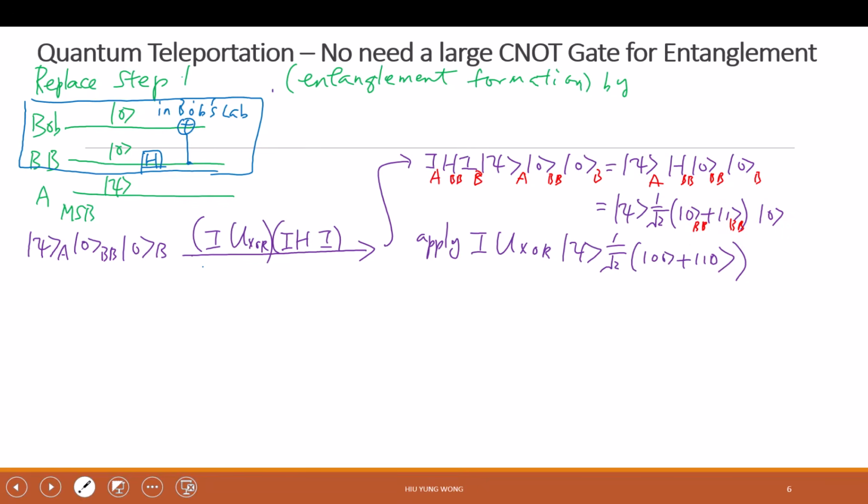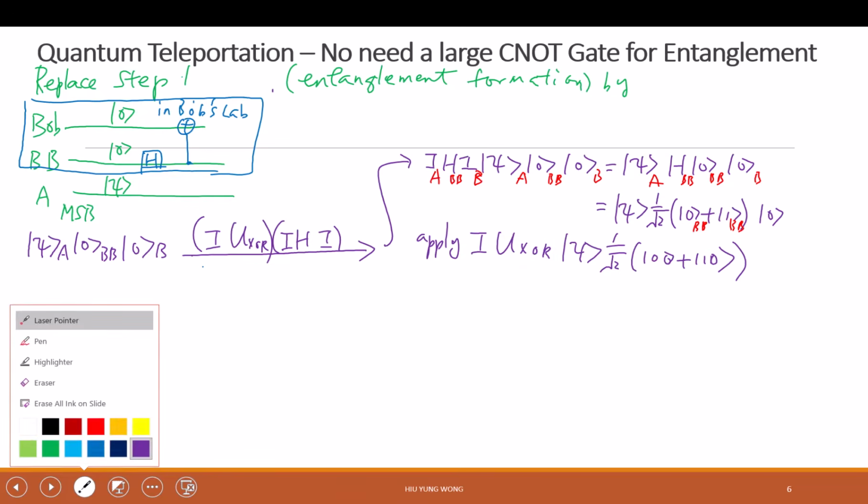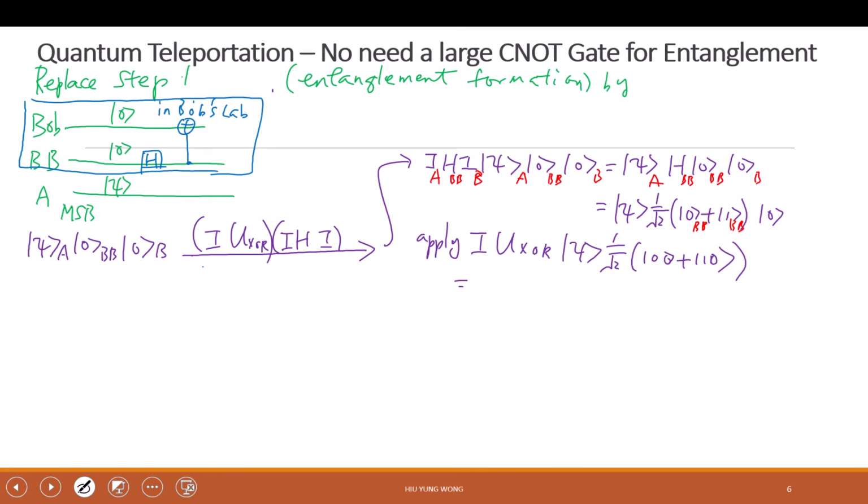Make sense? What do you get when you apply the control NOT gate? This is for these 2 qubits, right? When you apply to this, what do you get? 0, 0 and 1, 1. So this one gives us psi times 1 over square root of 2, 0, 0 and 1, 1.